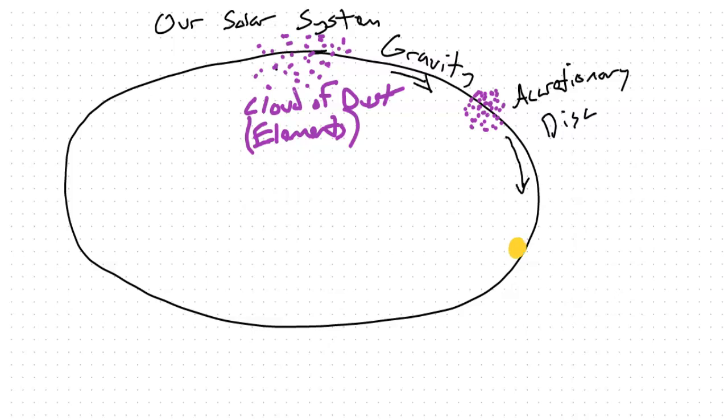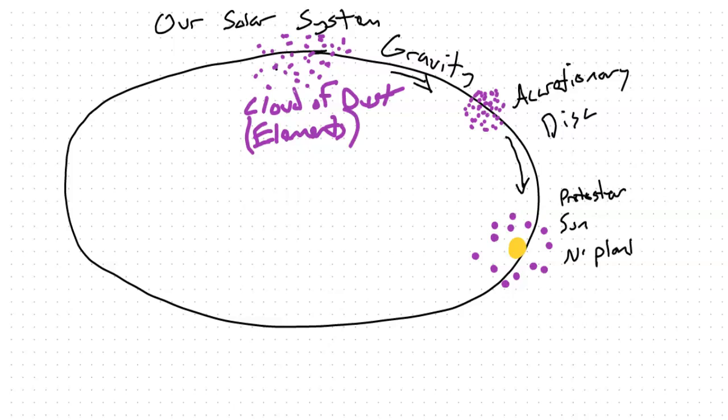And around that sun we still have little bits of dust. Okay, so here we have a sun, no planets. Sun, or what's known as a protostar. Protostar sun, no planets.